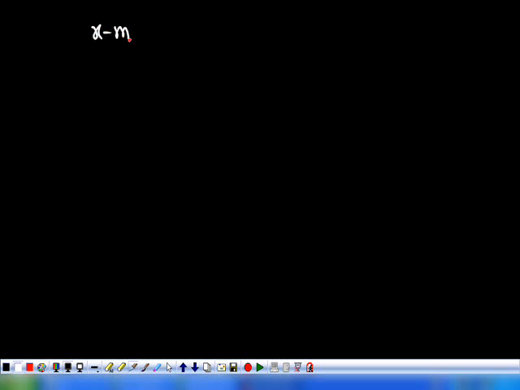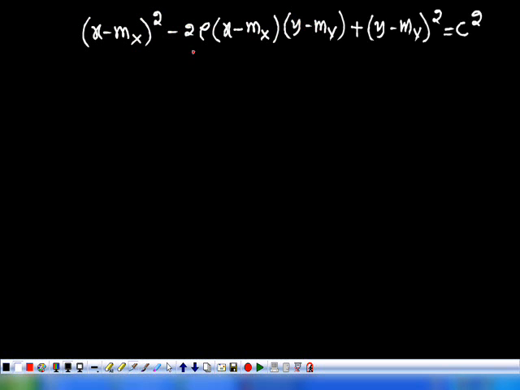(x minus mx) whole square minus 2 rho (x minus mx) into (y minus my).